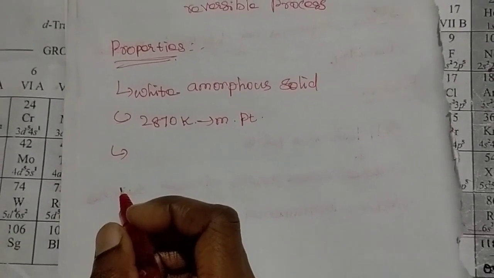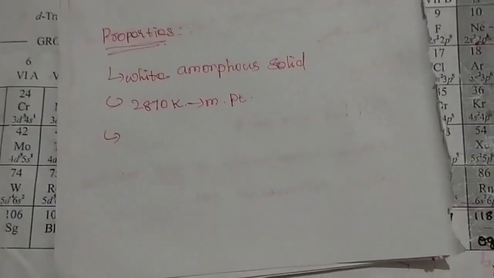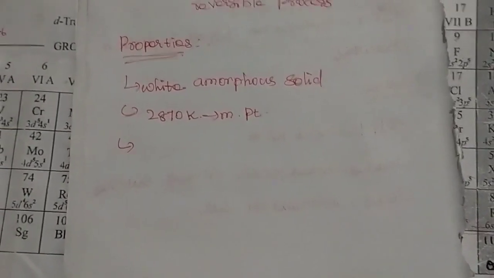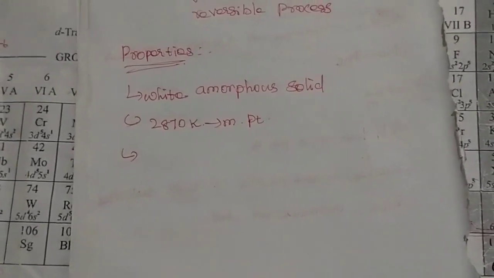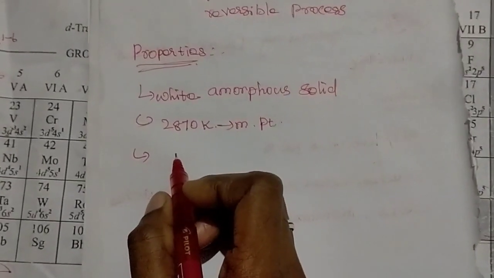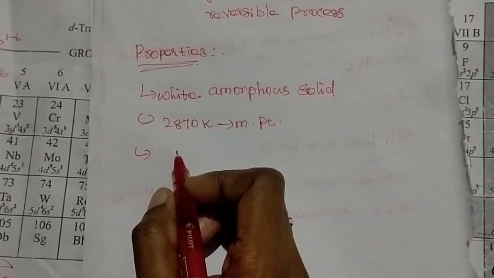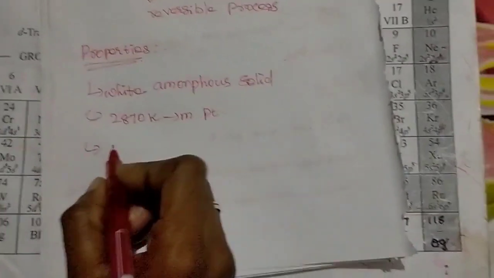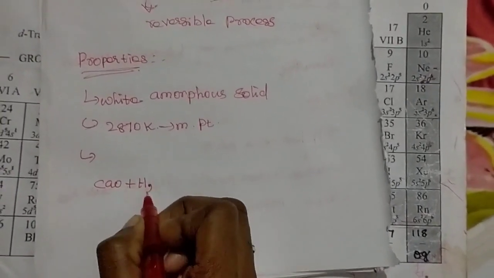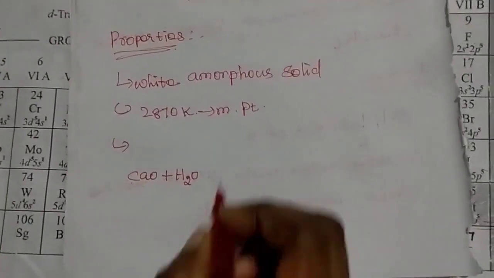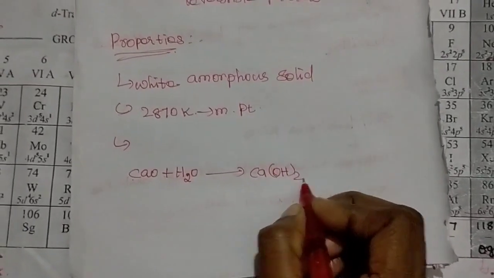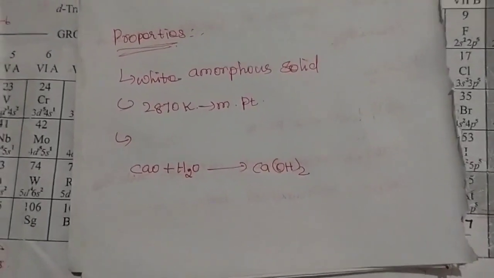When quicklime is exposed to the atmosphere or air, it can absorb moisture and carbon dioxide. Calcium oxide combined with moisture, that means water from the atmosphere, produces Ca(OH)2, calcium hydroxide.